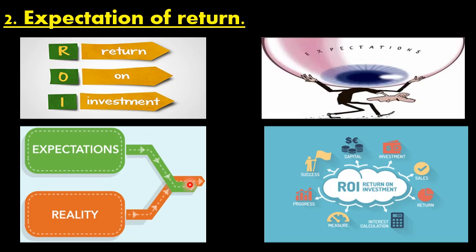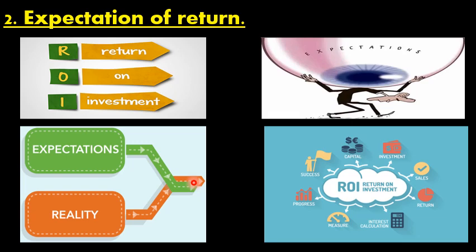The reality at present is only a 5 to 6% rate of return. So expectations should go with reality, then definitely you will get a good return. You have to analyze your expectations and realities. That is all called expectation of return.